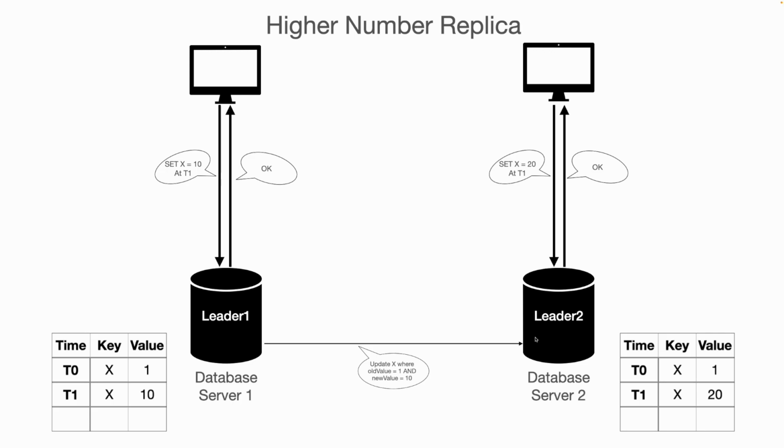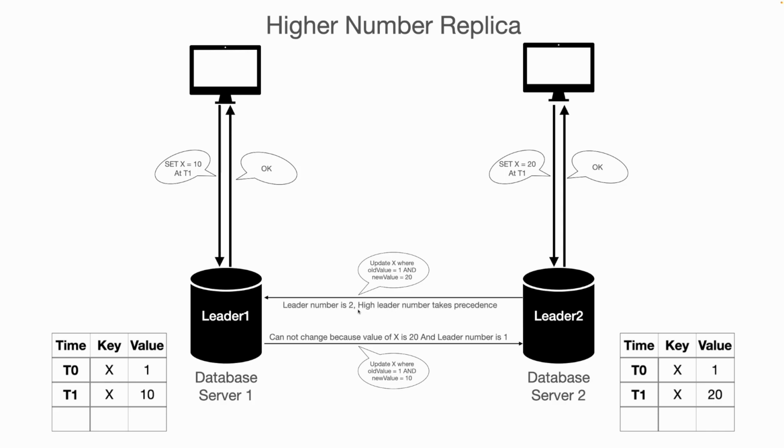So leader 2 will reject the sync request of leader 1, because the value of x is 20 and the leader number is 1. The same sync is started by leader 2 to leader 1, where leader 2 is trying to update the value of x on the leader 1 database. Here leader 2 is bigger as compared to leader 1 from the serial number point of view.